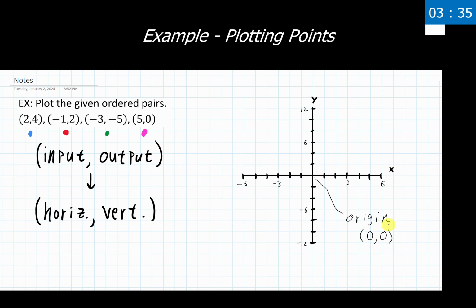So from the origin, we determine what point are we working with and then use this bit of knowledge to tell us which direction we are moving in horizontally and vertically. So with the point 2, 4, starting at the origin, I'm moving 2 in the positive direction and then 4 in the positive direction vertically. So 2 horizontally and then 4 vertically. This is where we need to keep track and keep in mind how we have labeled and organized these things.